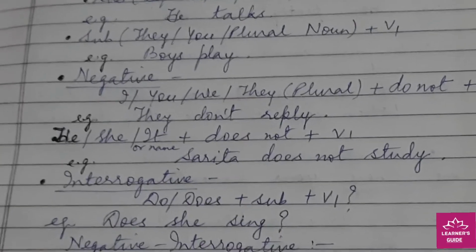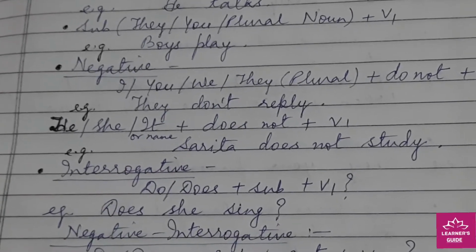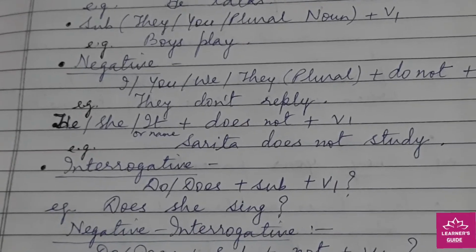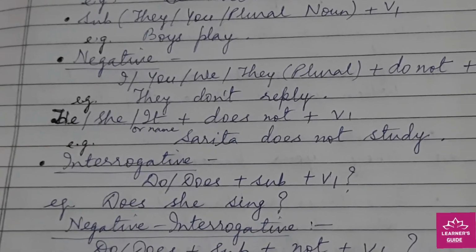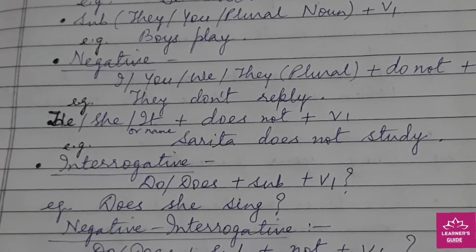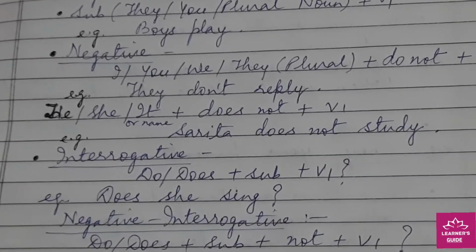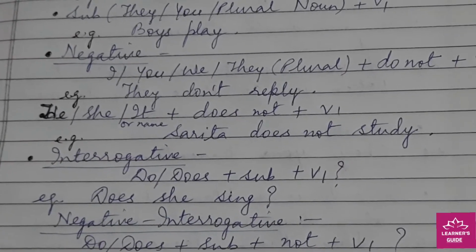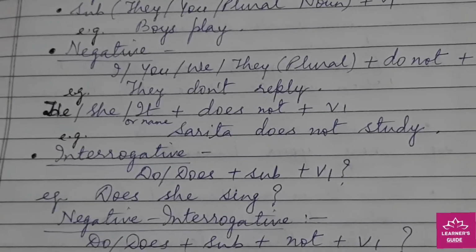Now if we'll make the negative sentence. Negative sentence means we should add not in the sentence. The meaning should be negative. So what do we do for that sake? We simply add do not.